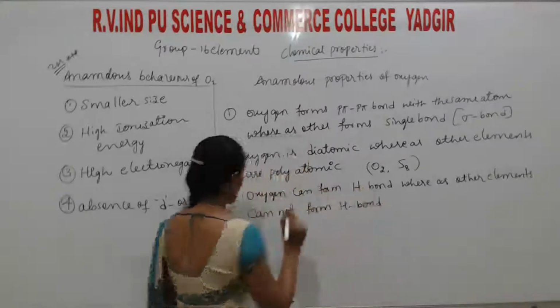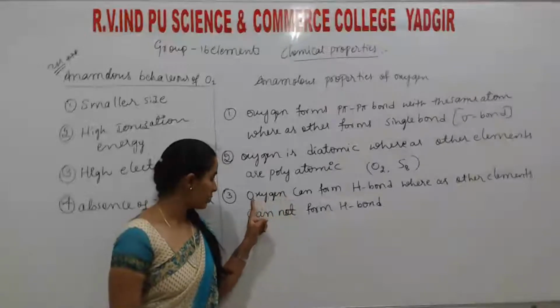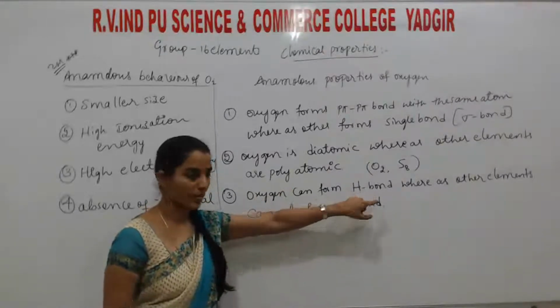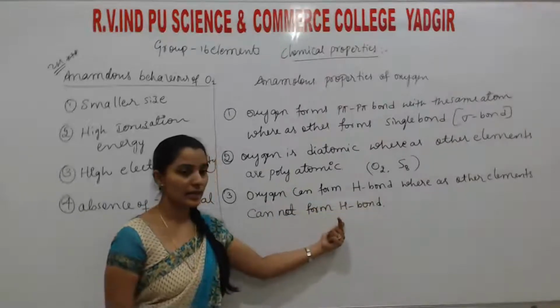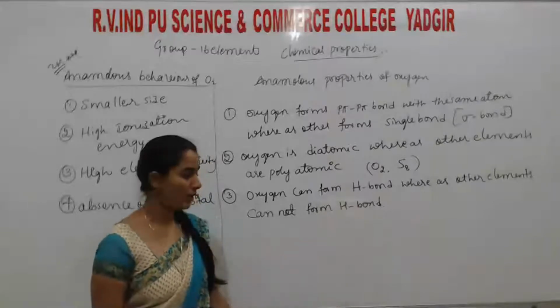Reason: due to the smaller size and high electronegativity, it forms hydrogen bond. Due to the large size and less electronegativity, the remaining elements cannot form hydrogen bond.